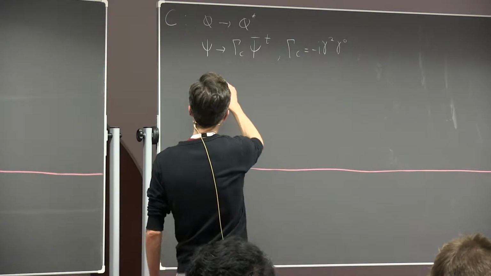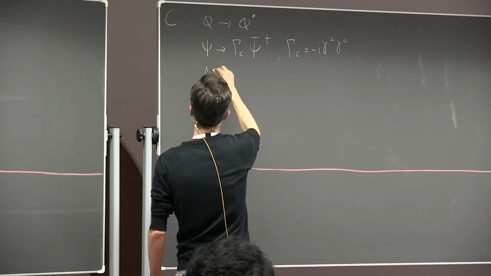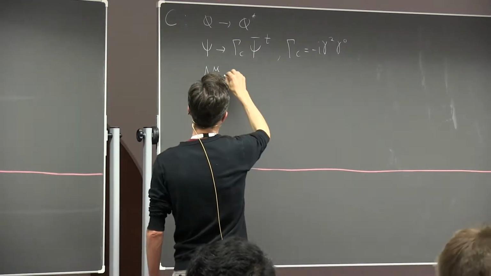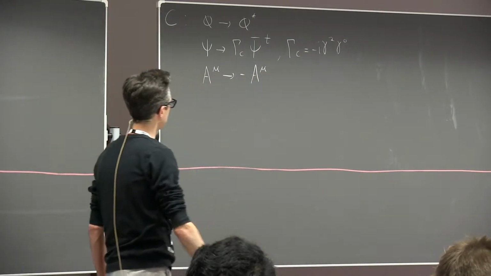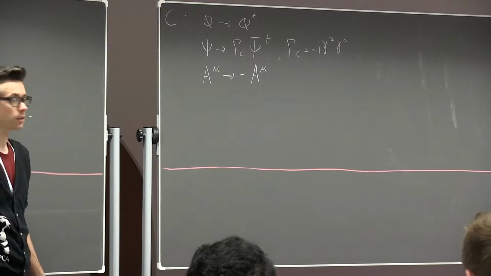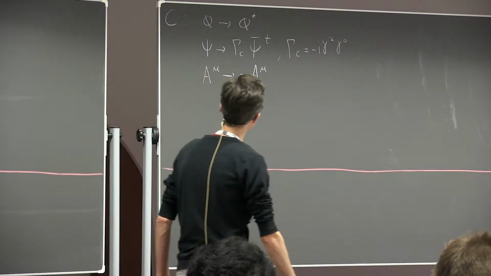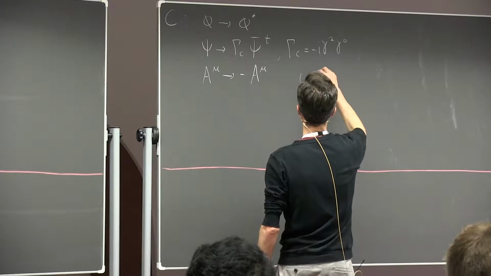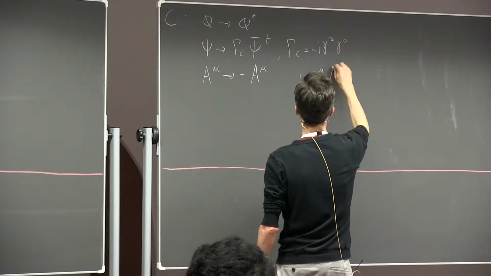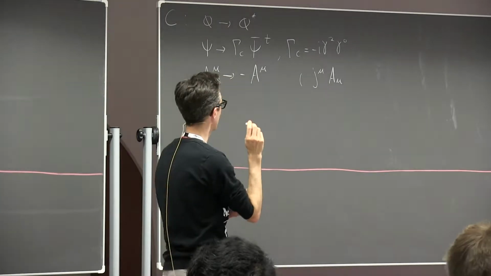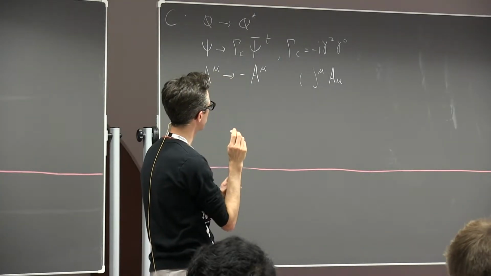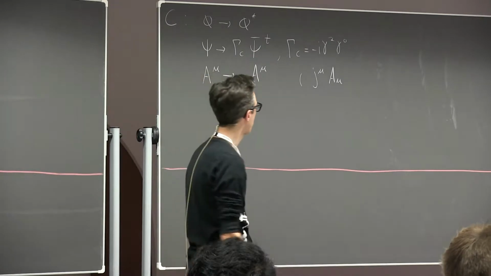And finally, at least if you want to specialize to something like QED, the vector field picks up a sign. The reason is motivated by QED, in that J^mu A_mu is your basic interaction, where J^mu is the conserved charge current.